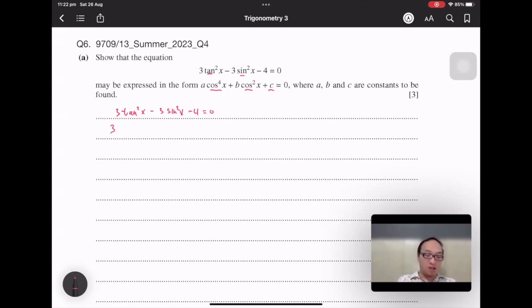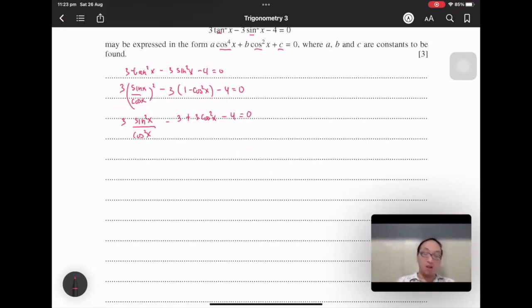So 3 tangent is (sin x over cos x) squared, minus 3 sin squared, which can be changed to 1 minus cos²x, minus 4 equals 0. So from here, 3 sin²x over cos²x minus 3 plus 3 cos²x minus 4 equals 0.